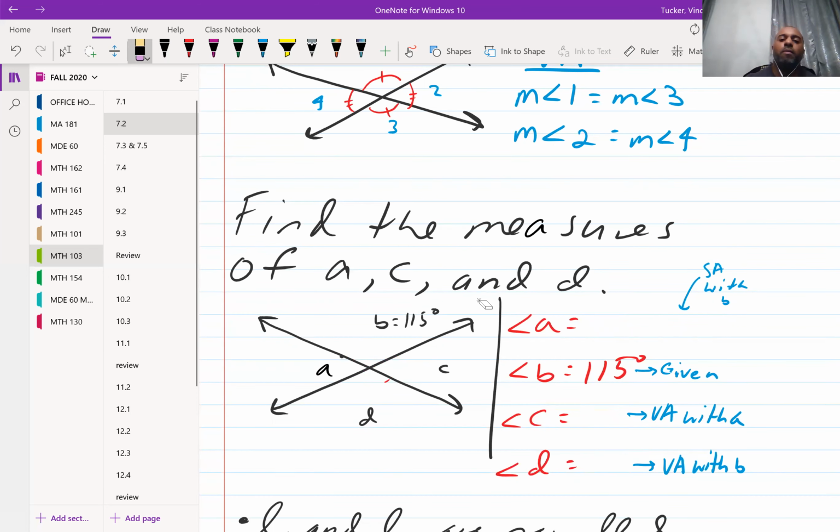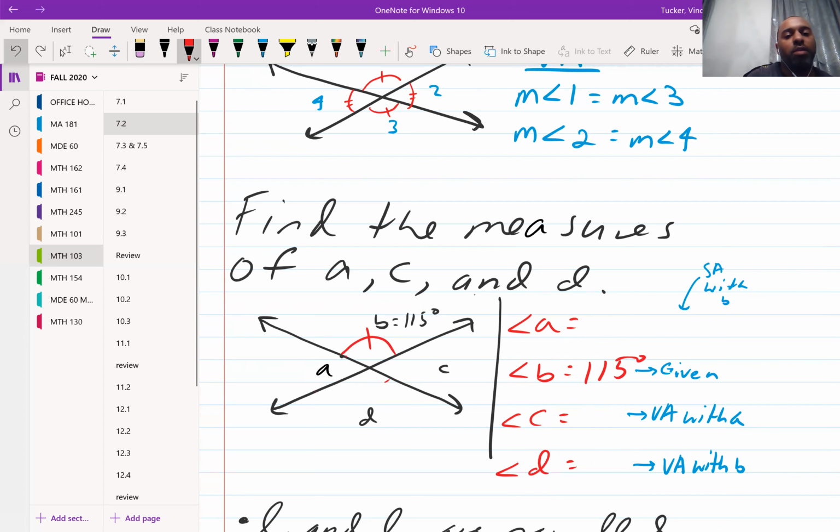What we do want to recognize is the easiest angle to find: if we know B, then we know D because they're vertical angles. This is equal to this, and then angle A is equal to angle C. I'm going to put my information back in there instead of rewriting it all, but that's the thought process.